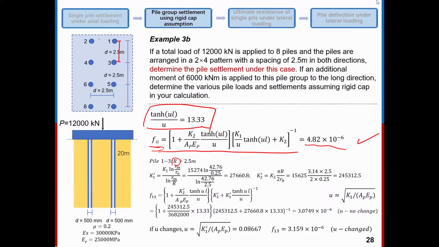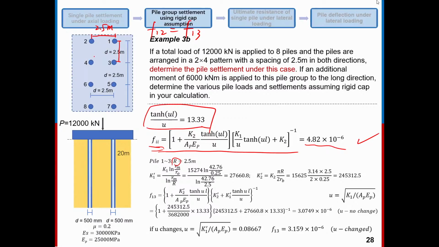Center to center, which is equal to the distance between pile 2 and pile 1. It's also equal to 2.5 meters, right? So you can directly have this conclusion: F12 will be equal to F13, because the R between these two pairs are the same.